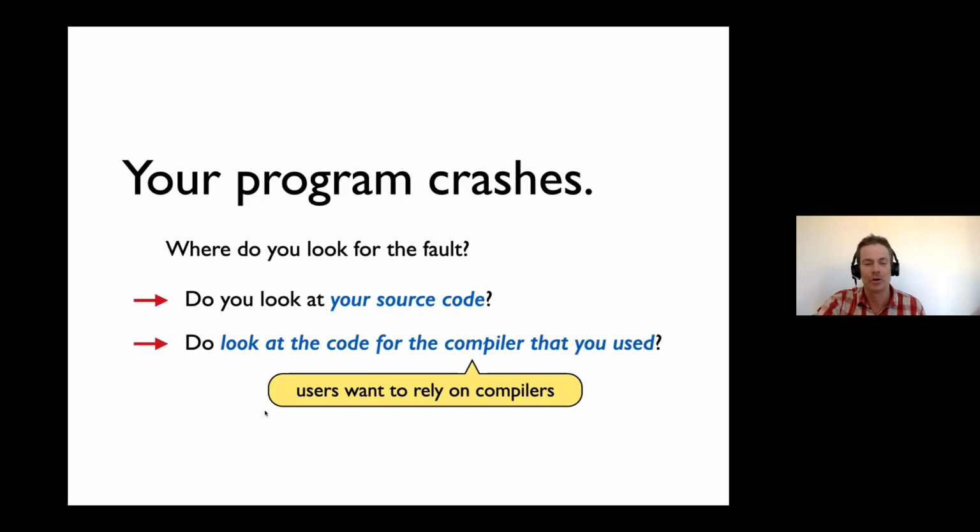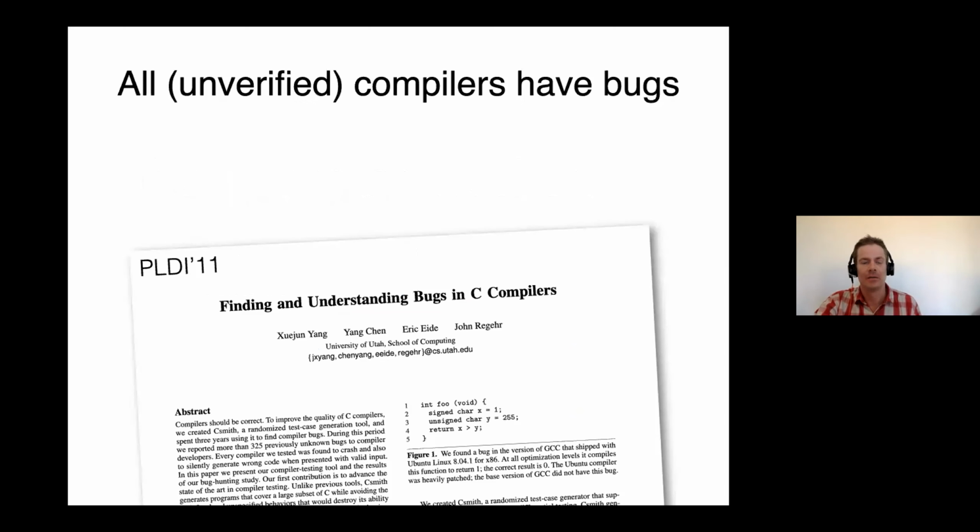So users always want to look for faults in their own source code rather than the tools they use to get the executable. So one might say, well, in my experience, compilers don't have errors, and they are always reliable like this. So you're always in the first option here.